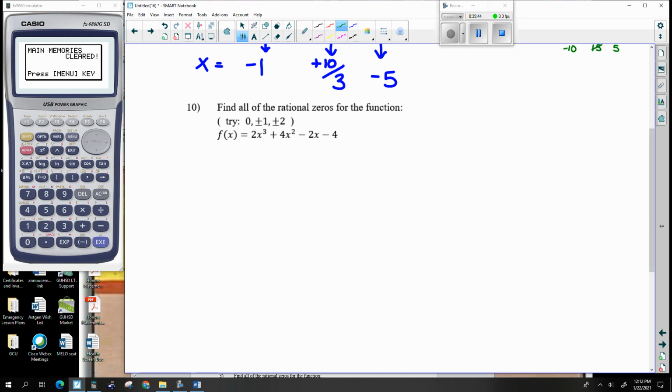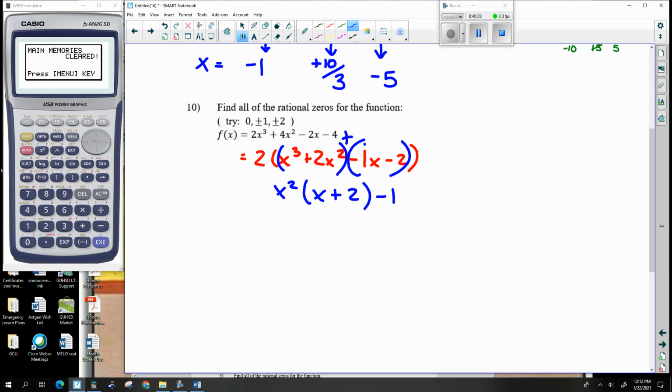Okay, last but not least, here I can take out, what, a 2? Oh, this is grouping. I see some grouping. So here I can take out an x squared.